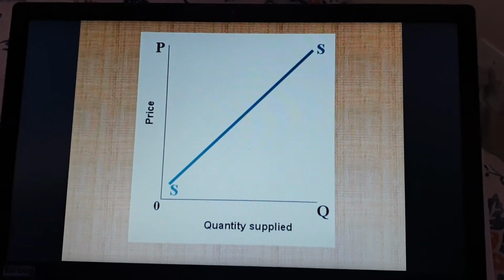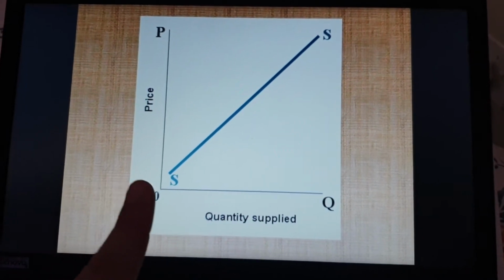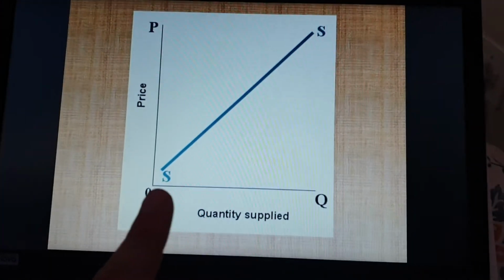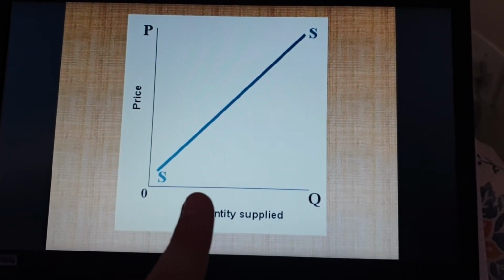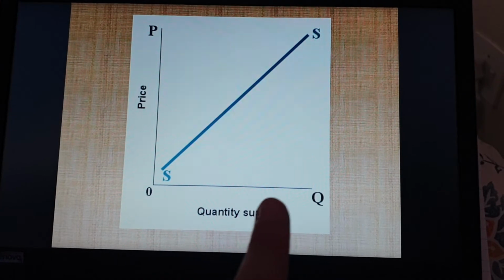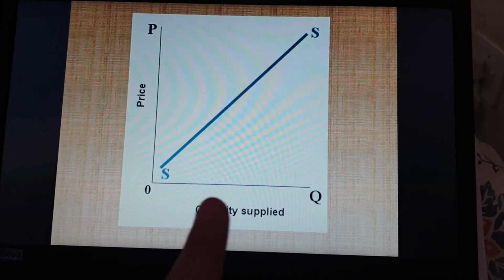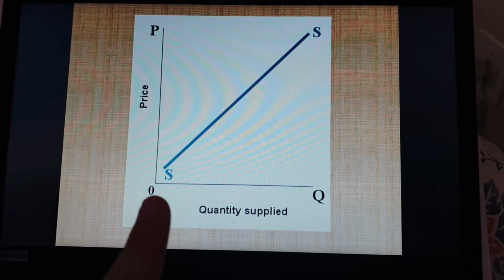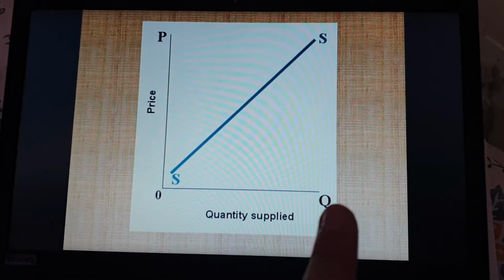Then when we look at our supply curve, again, there's a zero starting point. This is the basic supply curve. If you look at the figures at the bottom, they would increase to the right hand side and decrease to the left hand side, so it would be 0, 1, 2, 3, 4, 5, 6, 7, for example.